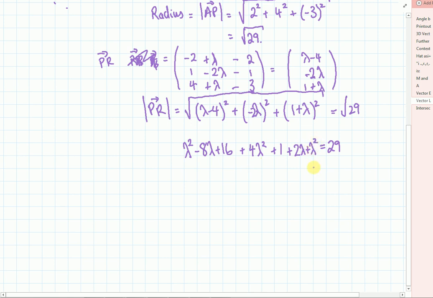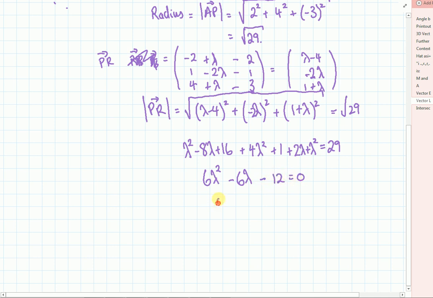Simplify and collect all like terms. So we've got 6 lambda squared minus 6 lambda, and we've got 16 plus 1 is 17, minus 29 is minus 12, equal to 0.